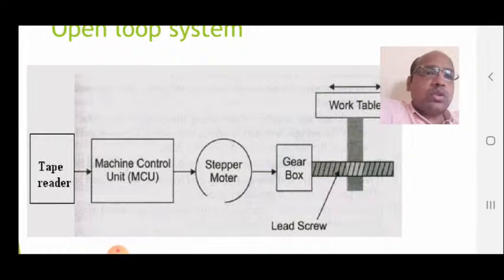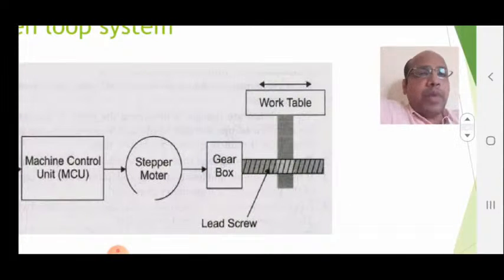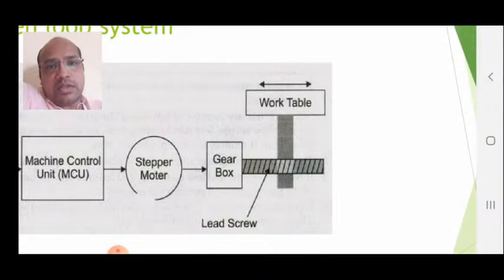The stepper motor controls the motion of the gearbox, the gearbox controls the motion of the lead screw, and the lead screw controls the horizontal motion of the work table. But in an open loop system, if the work table is not moving as per the instruction, there is no feedback system or signal system.